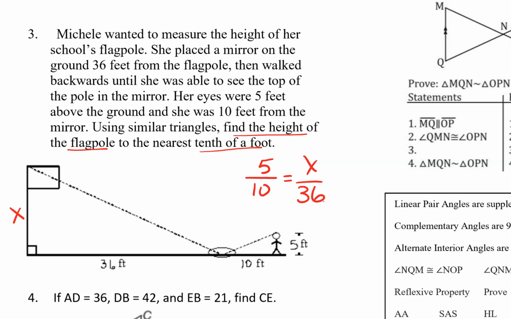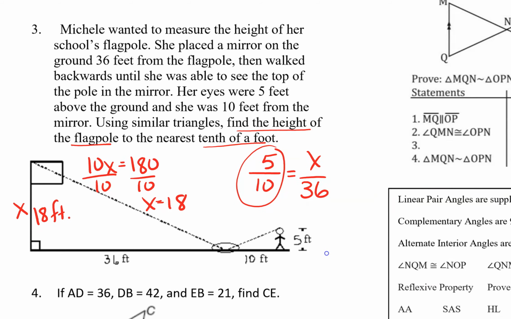Now, you could see right away that I have a 1 to 2 ratio here, so I could just kind of think in my head, 18 times 2 is 36. But let's go ahead and work it out if you didn't see that. So 10x equals 36 times 5 is 180. Divide by 10, x equals 18. So our flagpole is 18 feet high.